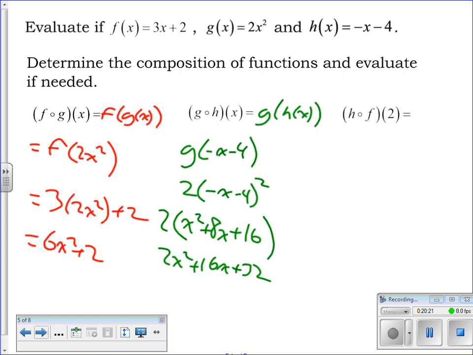And the last one here, h composed of f of 2 is h of f of 2. So I have to figure out what f of 2 is. F of 2 is 3 times 2 plus 2, which is 8, because we found f of 2 several times already.